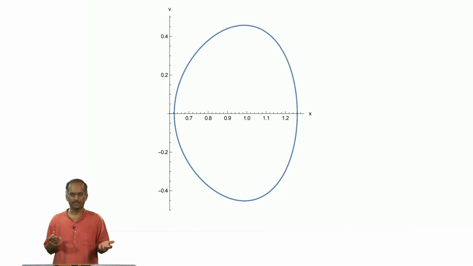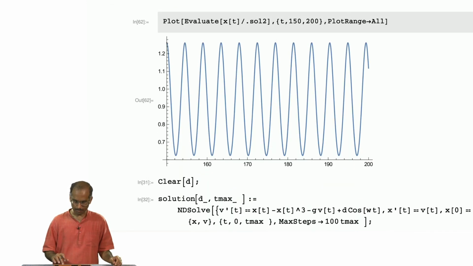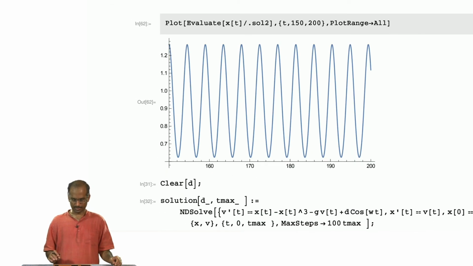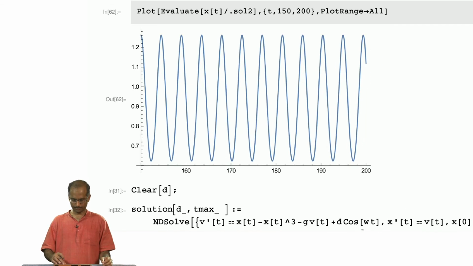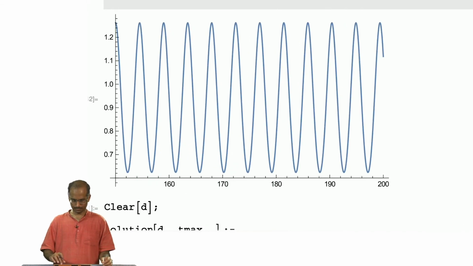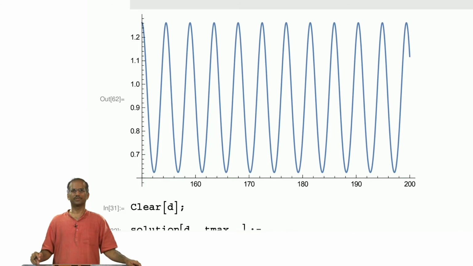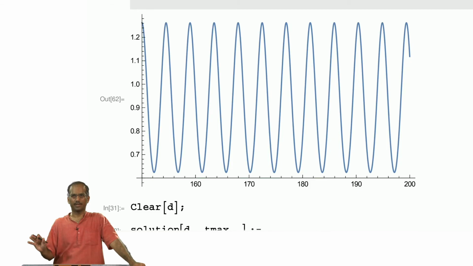The orbit is periodic, and if I plot x as a function of time, I should be able to see it as a periodic curve. And indeed, when you plot x as a function of time, which is what is shown here, you see that it is a periodic curve, but it need not necessarily be a periodic curve like a sine or a cosine function.